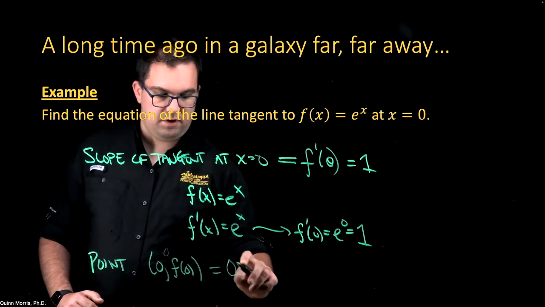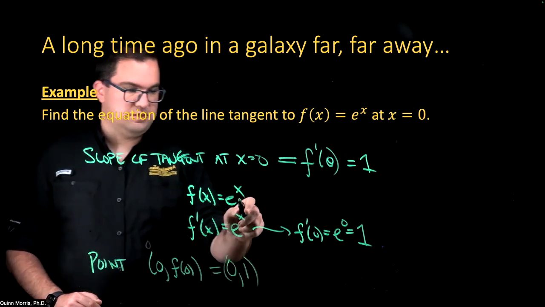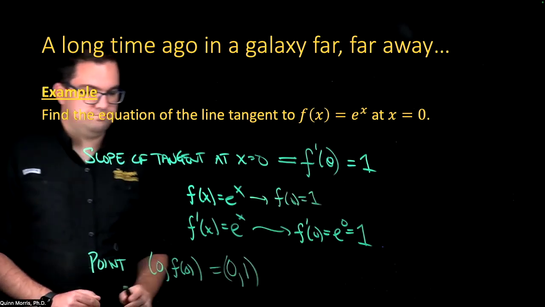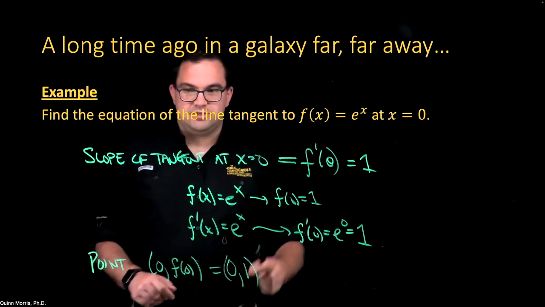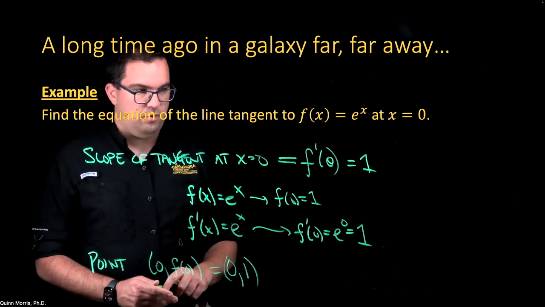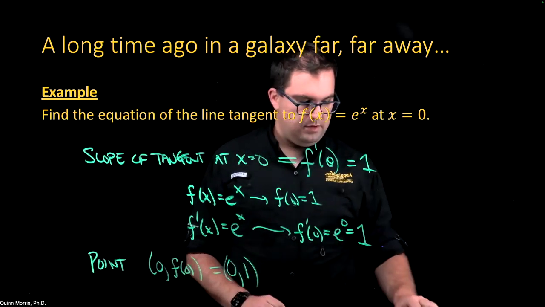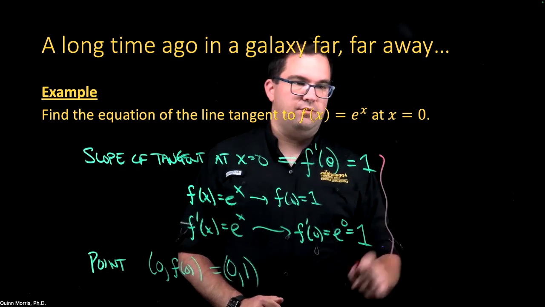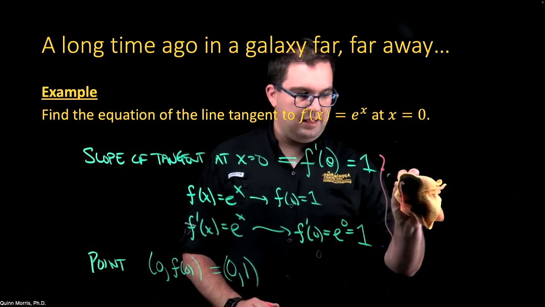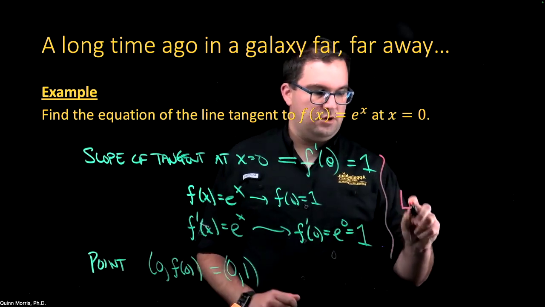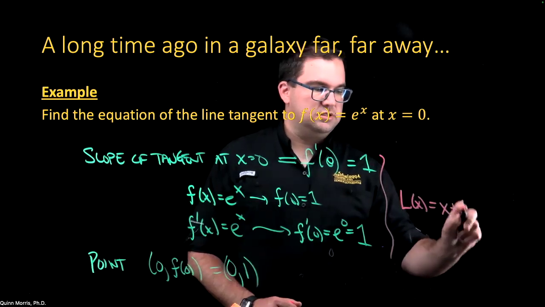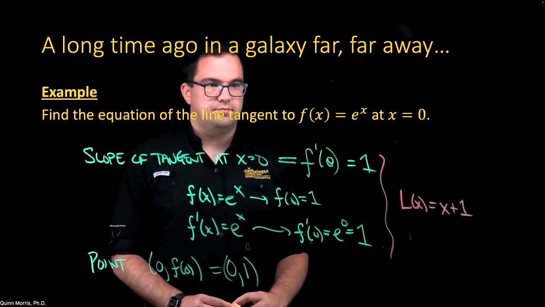That would be 0 comma 1, because if I plug in 0 here, f of 0 is also 1. And so now I just want the equation of a line that has slope 1 and passes through the point 0 comma 1. There are a number of ways to do this algebraically, but it's fairly straightforward to see that that line, which I'm going to call L of x, is just x plus 1.